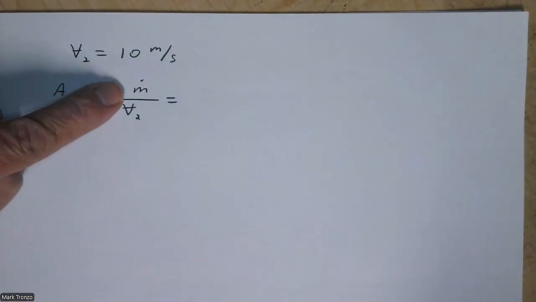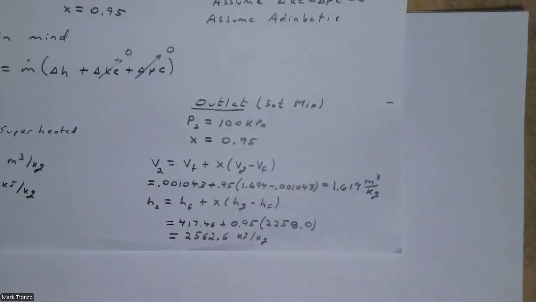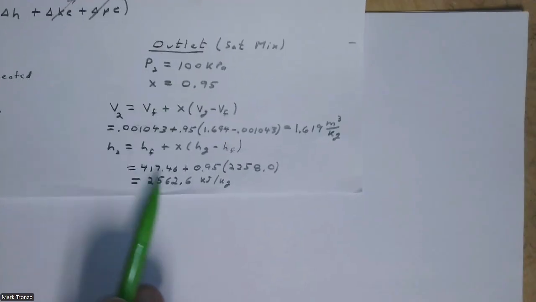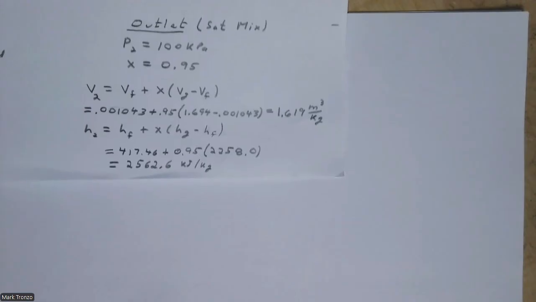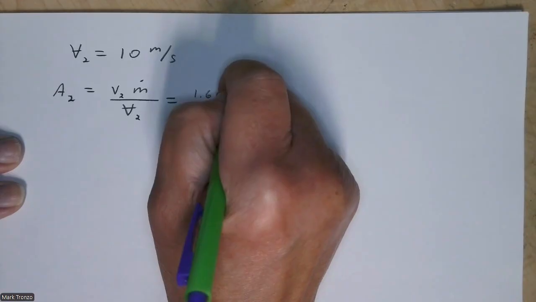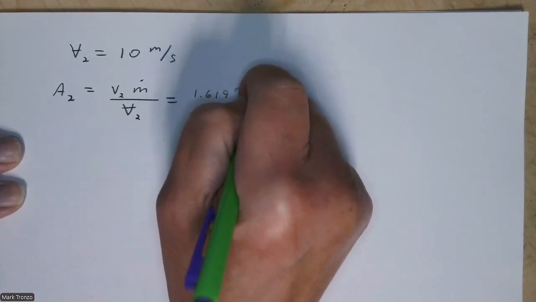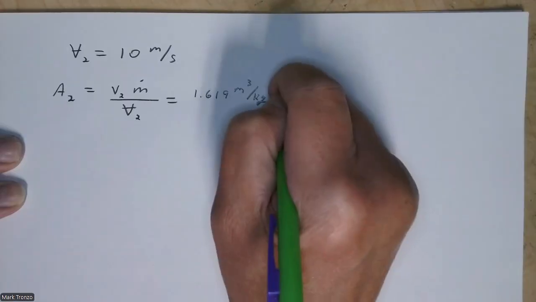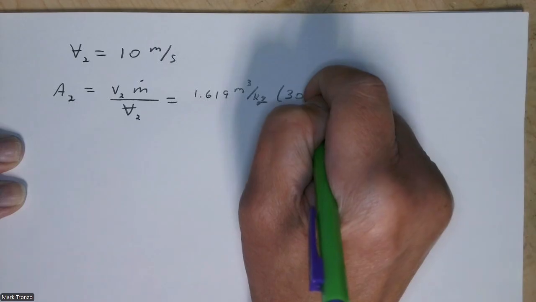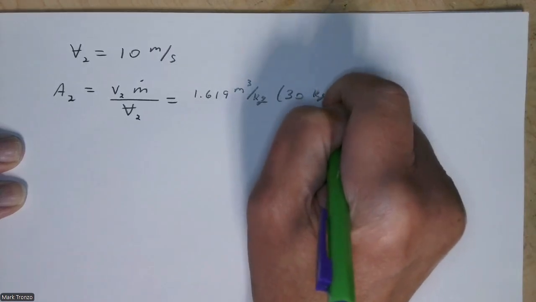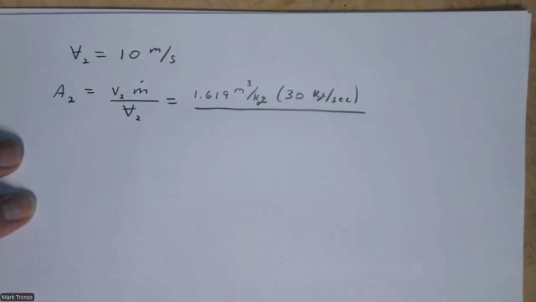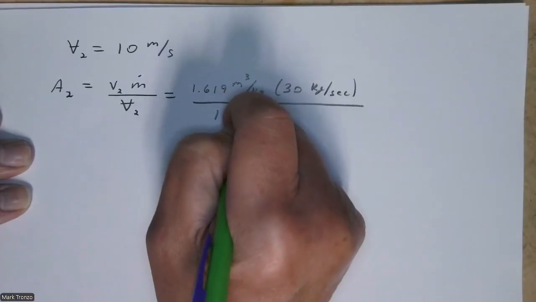The mass flow rate's the same all the way through, so we can just call it m dot. For our v2, we found that to be 1.619. And our mass flow rate's still 30 kilograms per second. We're supposed to keep our exit velocity at 10 meters per second.